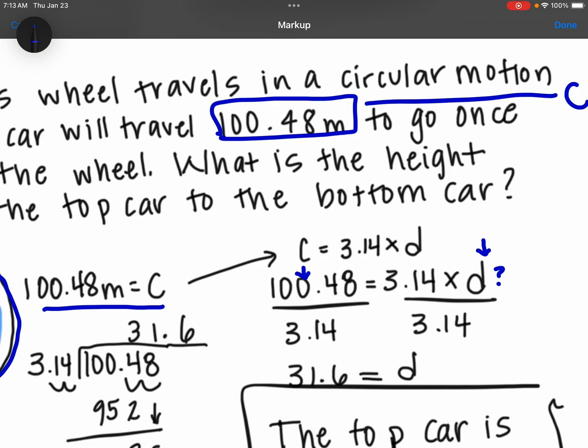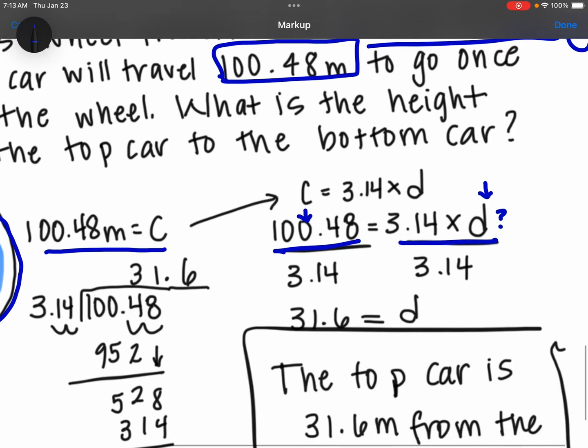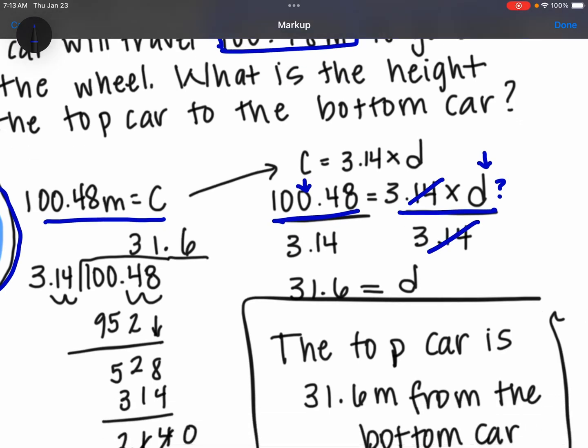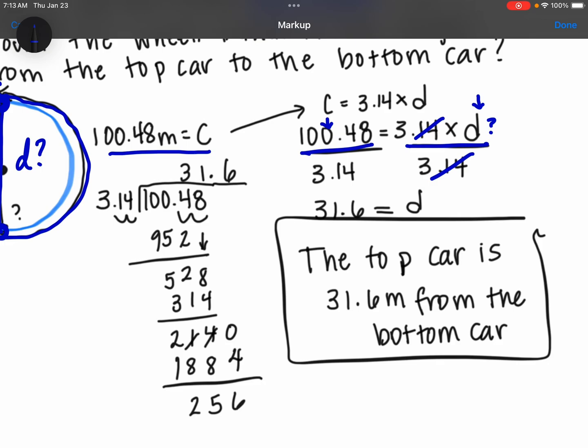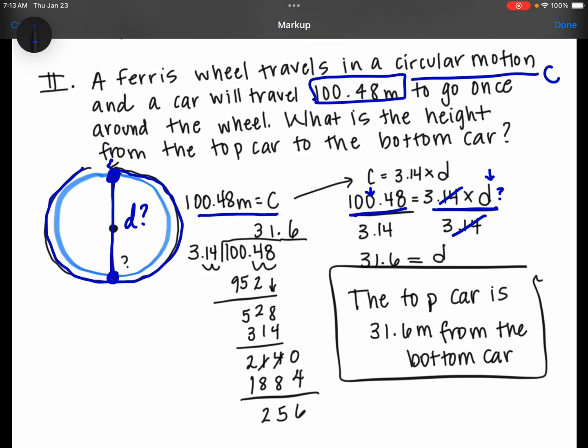What is the opposite of multiplying by 3.14? Dividing by 3.14. So on the right side, those canceled and you're left with the diameter. And when you divide on the left, we got 31.6. So the top car is 31.6 meters from the bottom car. Please pause and take your time to go back if you need to review.